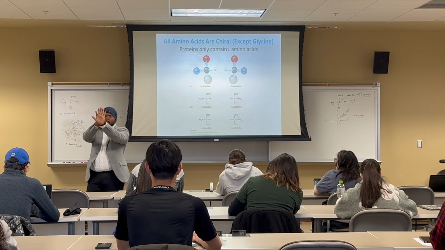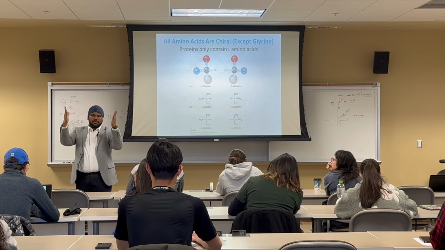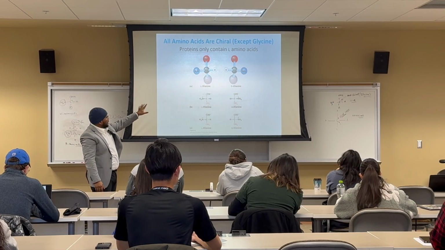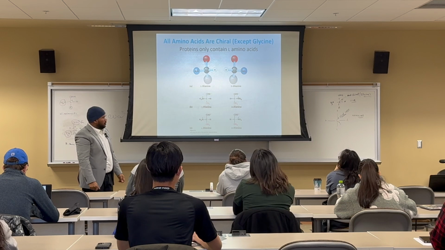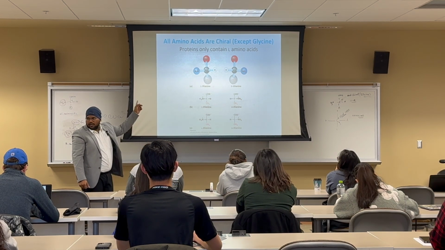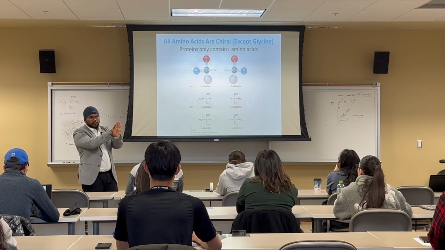Can you see that? It's not superimposable. This way it's superimposable, right? So if you compare these two structures, is it superimposable? No. But they are mirror images of each other, but they are not superimposable.